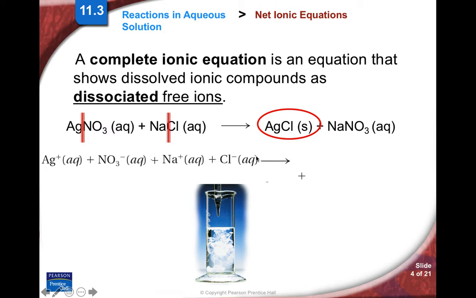However, we know that silver and chlorine make an insoluble solid. There's no ions there. But sodium ions are always soluble, as are nitrate ions, so they are still suspended in the water. You won't notice them. The white precipitate that forms is the silver chloride.